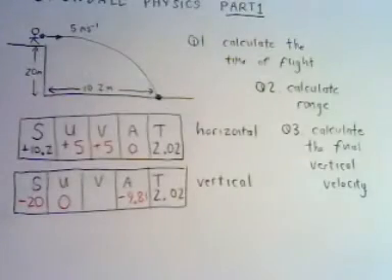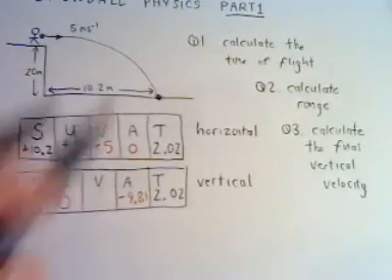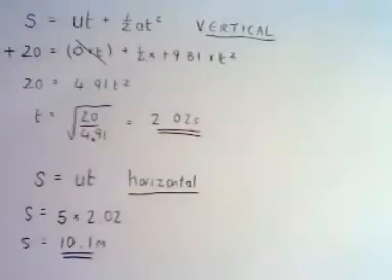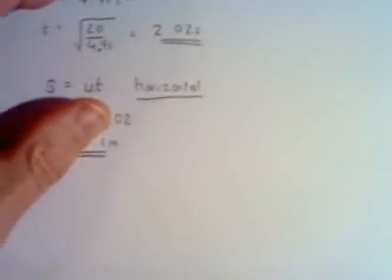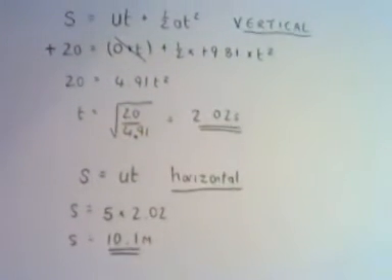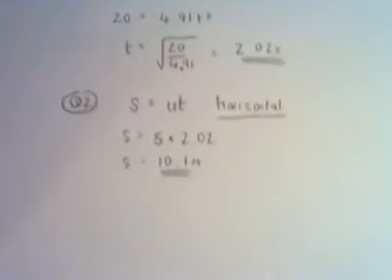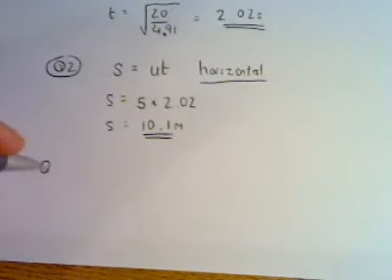So in order to answer question 3, to calculate the final vertical velocity, let's use the equation we've just mentioned there. So we've shown the working for question 1 earlier and question 2, and let's just show the working for question 3.